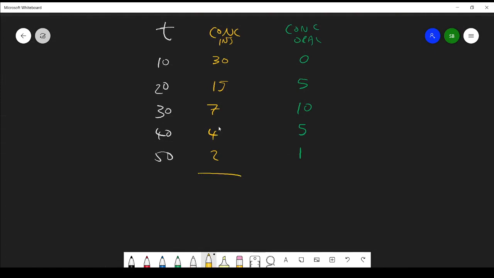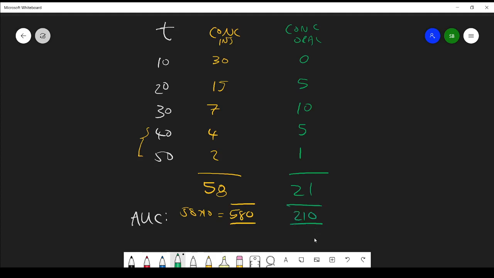2, 4 is 6, 13, 28, 58. This one, 21. So now our area under the curve is 58 times the interval here, which is 10, equals 580. And here is 210, 21 times 10.